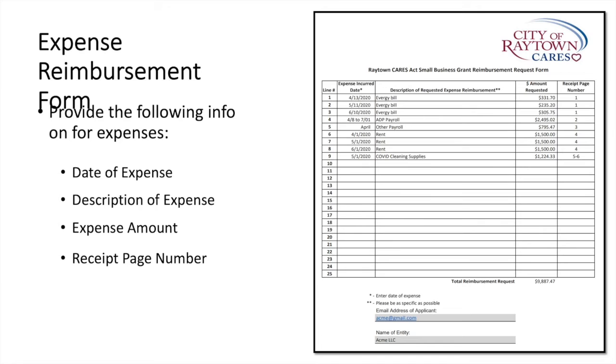On the expense reimbursement form, please provide the following information for your expenses: the date of the expense, a description, expense amount, and a receipt page number for the expense.